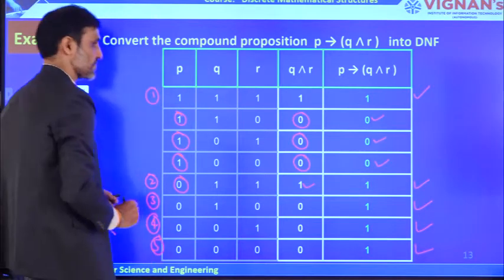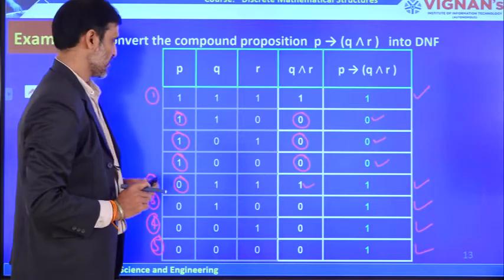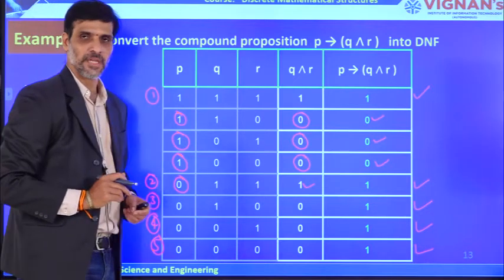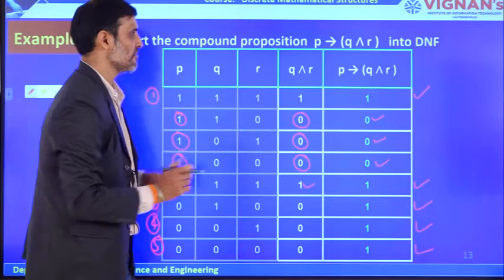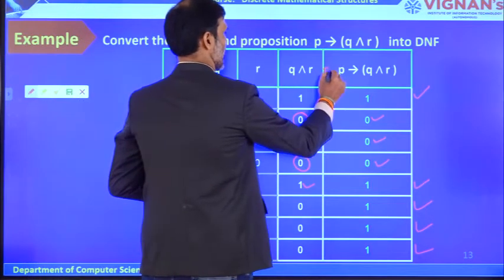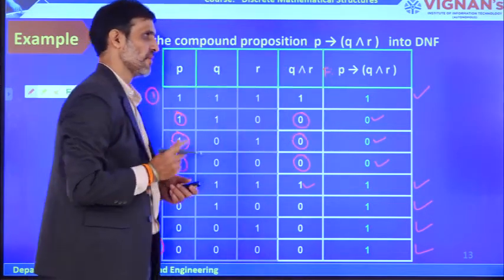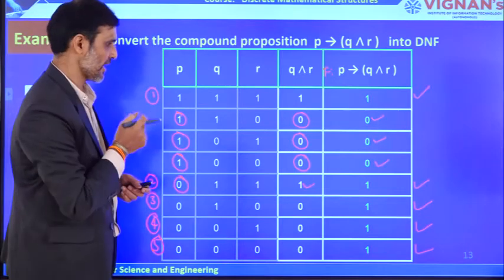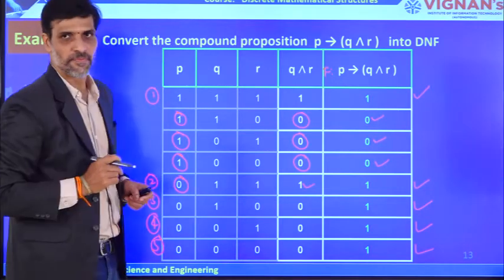For these 5 assignments we got the true values for the given function. If we call this function F, then we got the true values like this. This is the first step we have done.